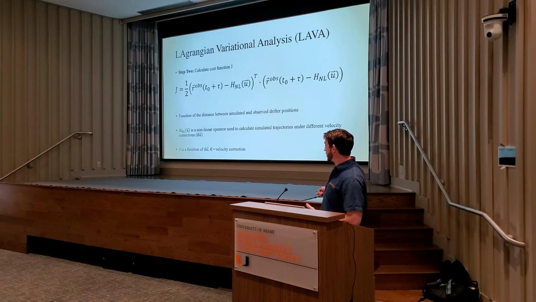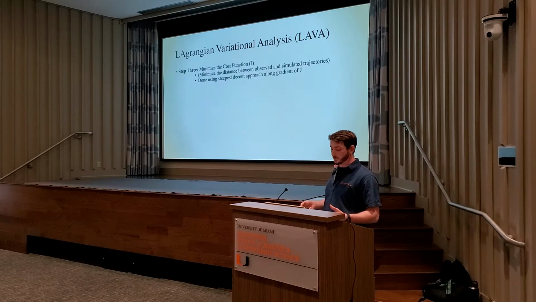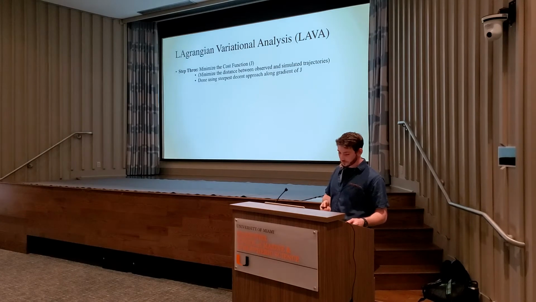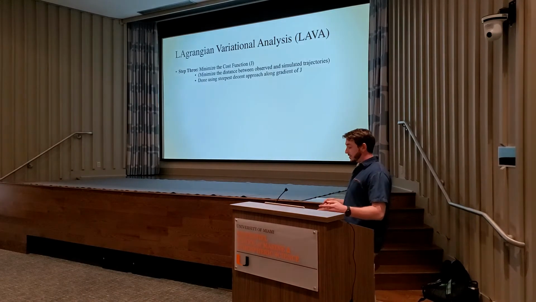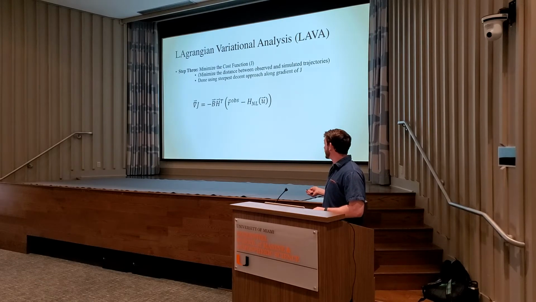And it's just a function of your velocity correction. So you're looking at a bunch of different trajectories under different velocity corrections. You have to figure out which one's the best. How do we do that? By minimizing this cost function. And like I said, we do that by minimizing the distance between observed and simulated trajectories.